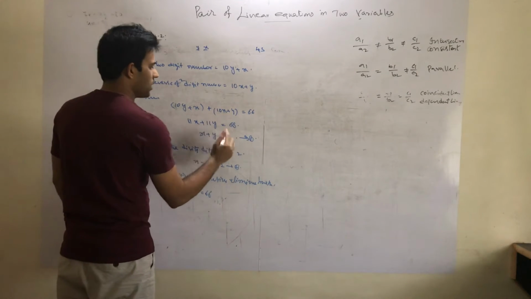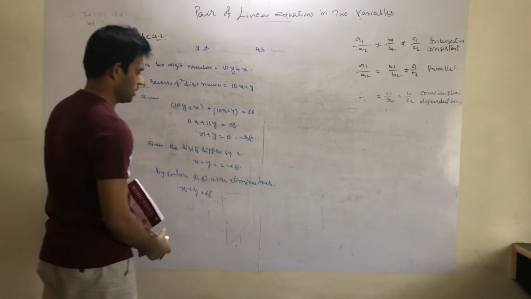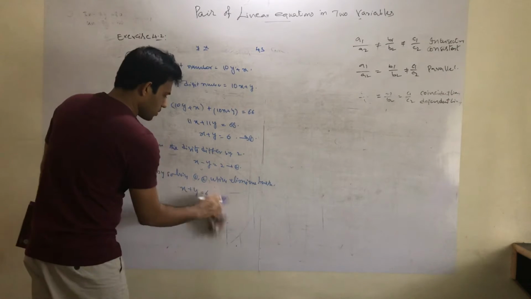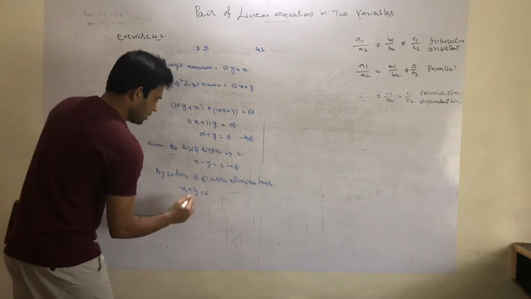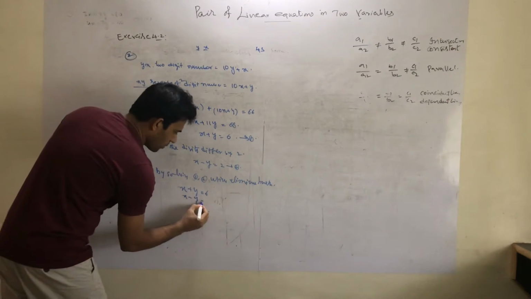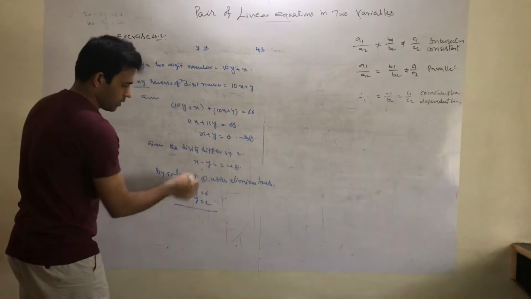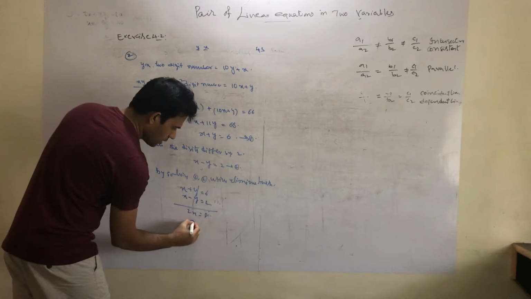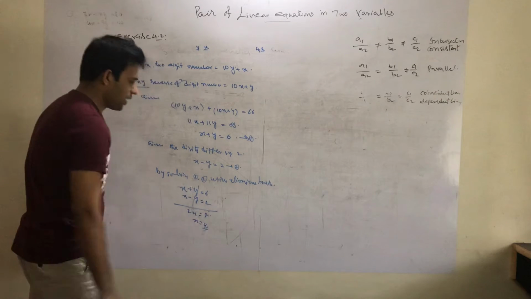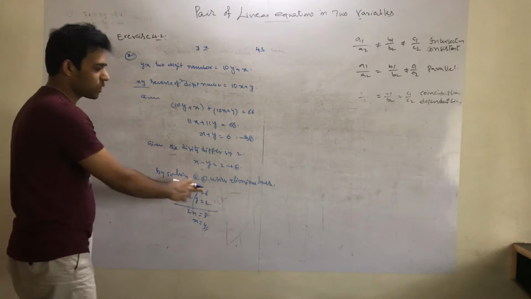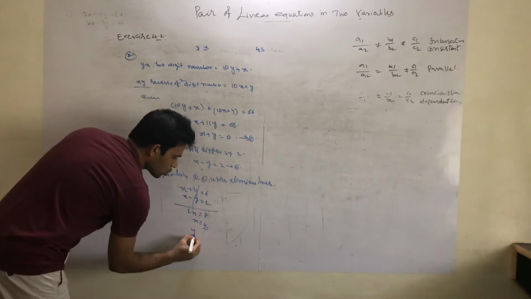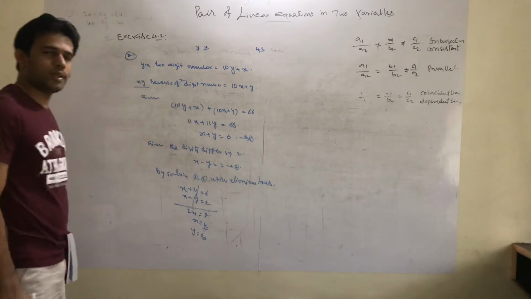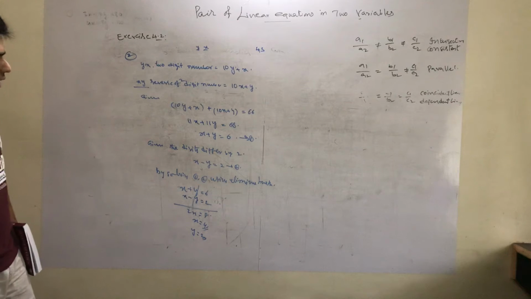So 11x plus 11y equal to 66 becomes x plus y equal to 6, and x minus y equals 2. So here we can directly do a sum. So 2x becomes 8, so x becomes 4. If x is 4, from equation 1, x plus y equal to 6, then y becomes 2. Right? So x is 4 and y is 2.